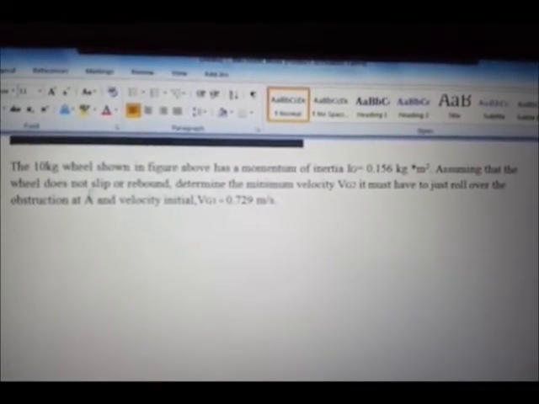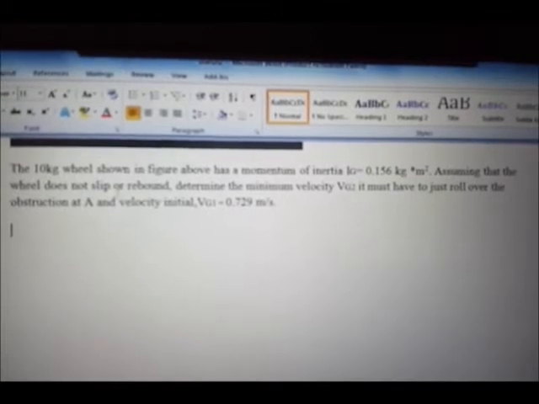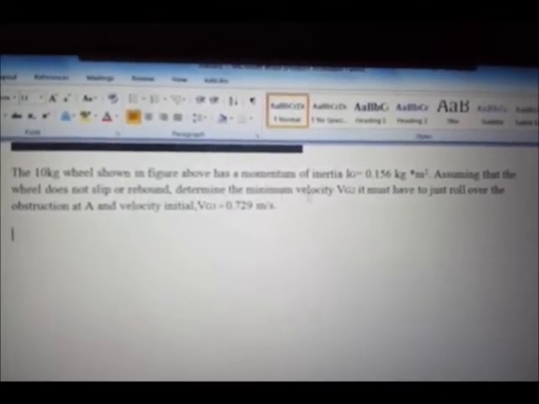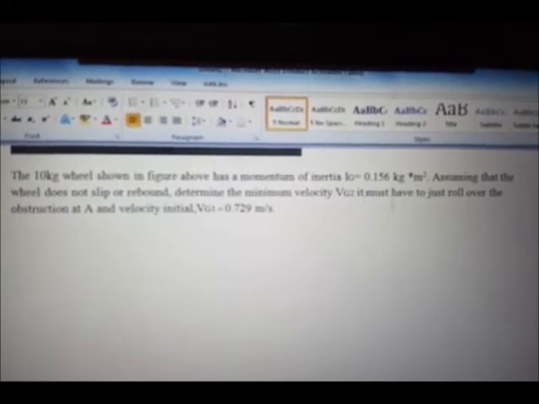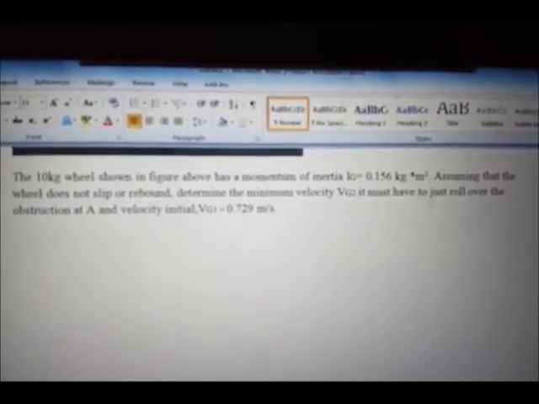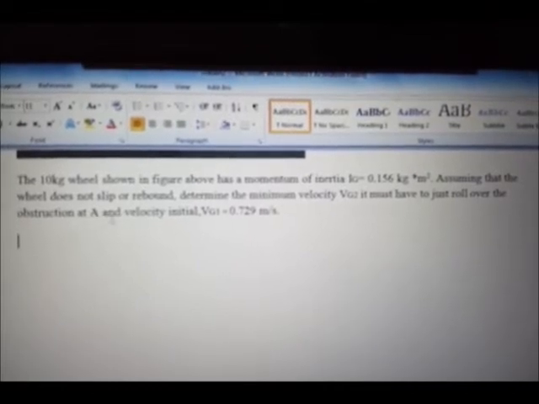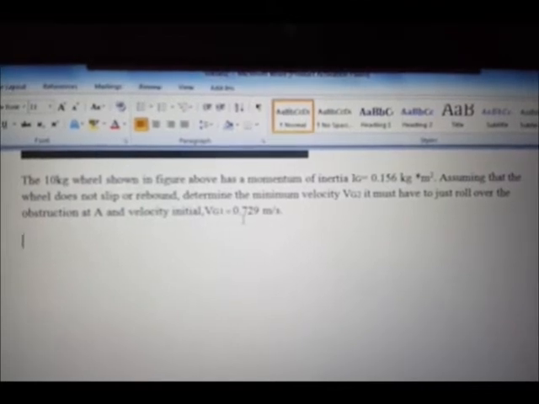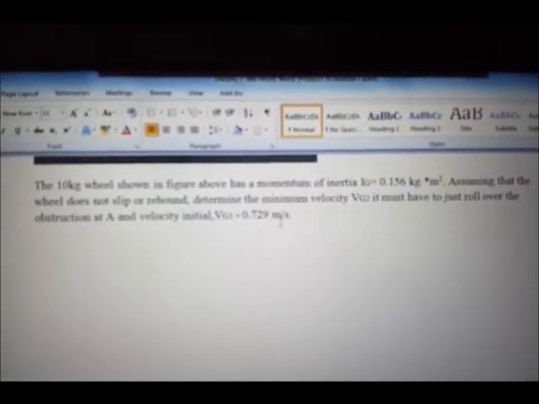Assuming that the wheel does not slip or rebound, determine the minimum velocity Vg2 it must have to just roll over the obstruction at A, and velocity initial Vg1 equal to 0.729 meter per second.